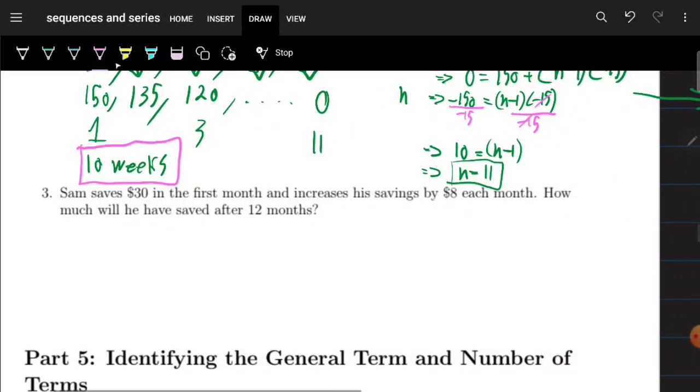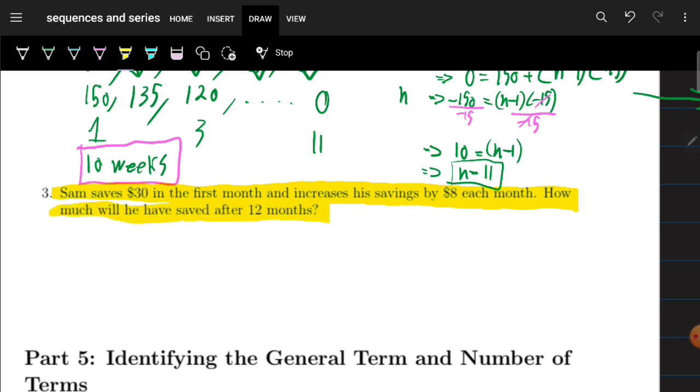Okay, next problem. Sam saves $30 in the first month and increases his savings by $8 each month. How much will he have saved after 12 months? So again, arithmetic series here.